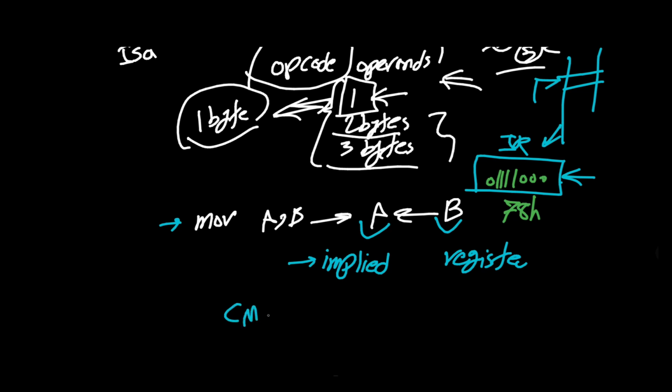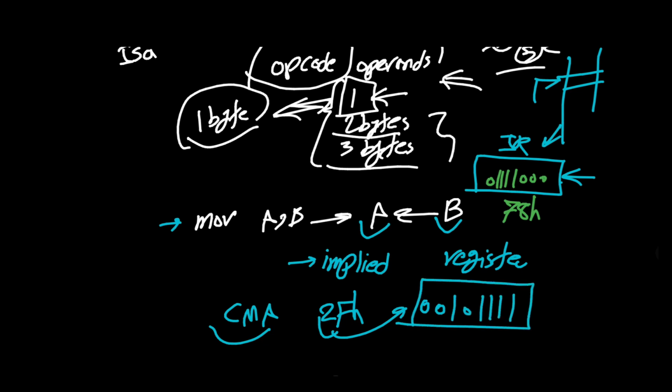It is called CMA, which means complement the value of the A register. The opcode for that is 2F. 2F in hex is 0 0 1 0 1 1 1 1. By this, we mean that whenever the value in the IR register in the CPU is equal to this, the CPU would NOT all the bits inside the register.